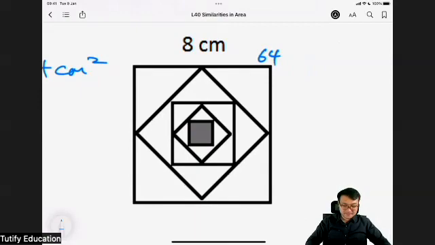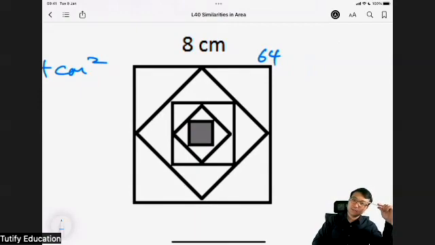What is the area of the second biggest one? It should be half of the first one, right? 64, so you just need to divide it by 2 and you get 32.